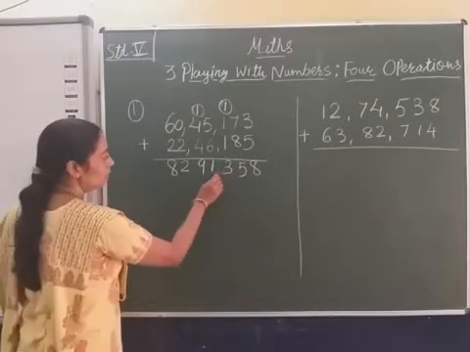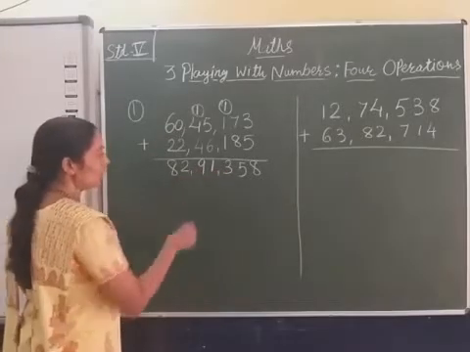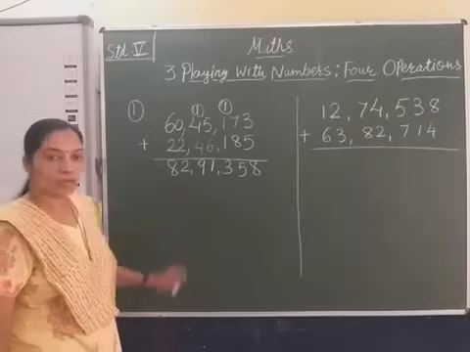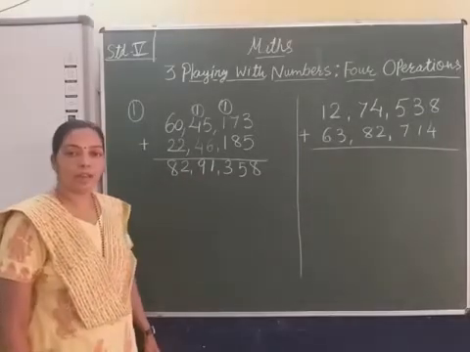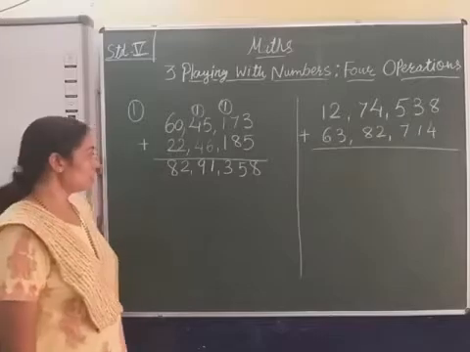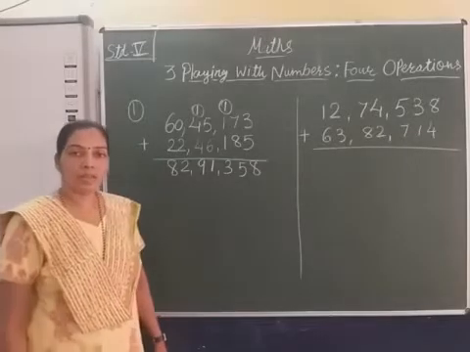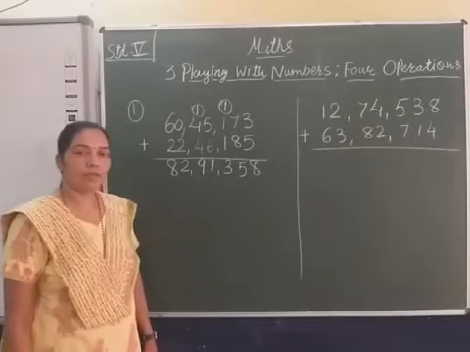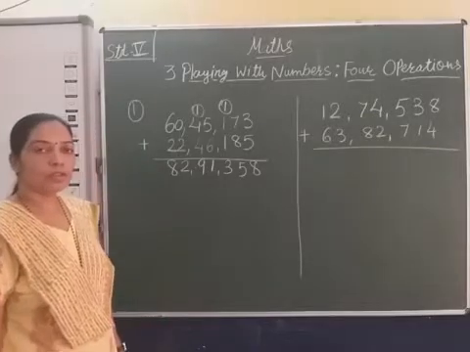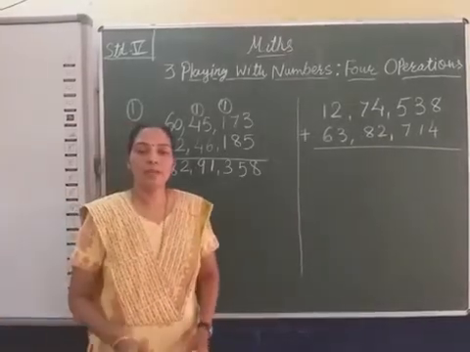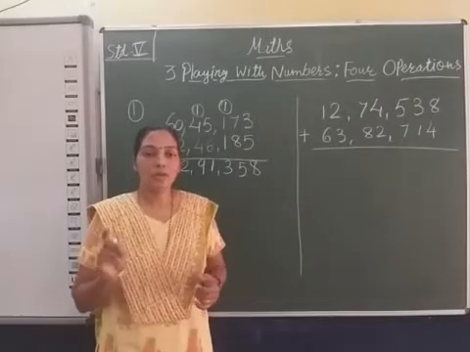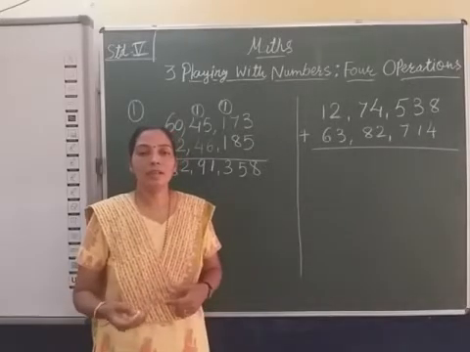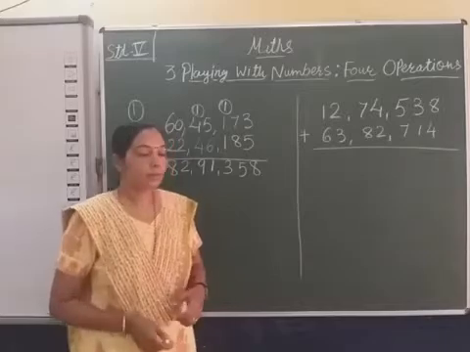Now put commas in the proper intervals. So how do we read this number? 82,91,358. And students, whenever you practice at home with large numbers, try to practice reading the numbers.